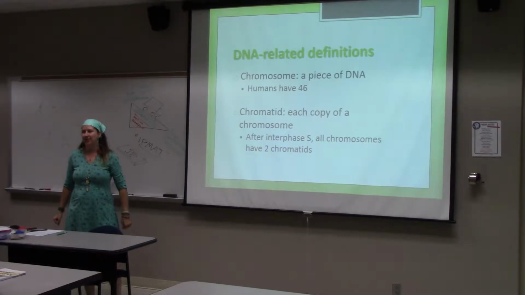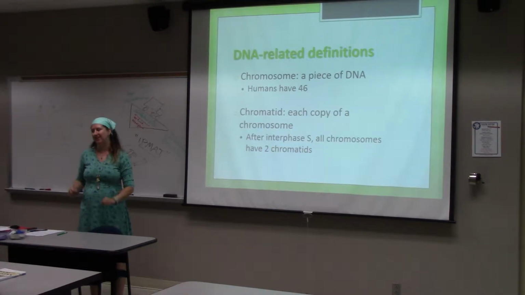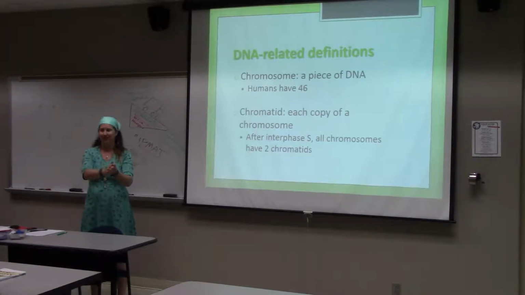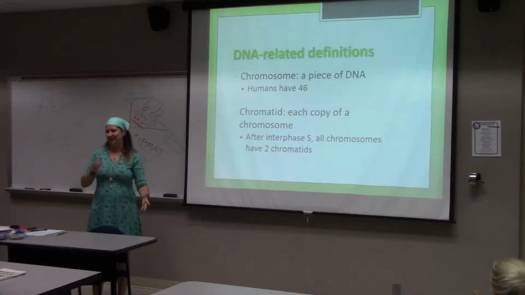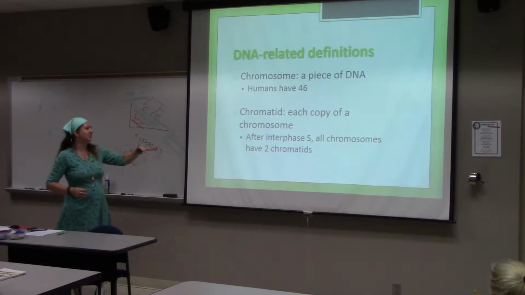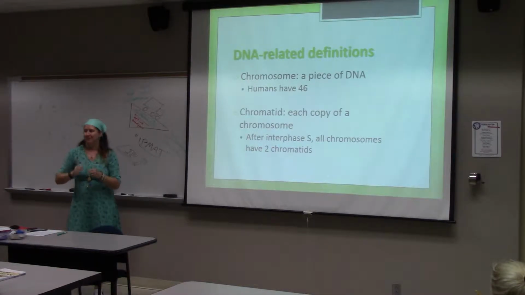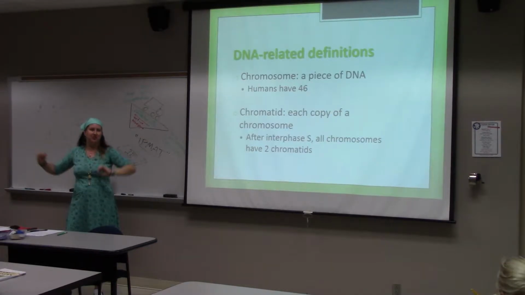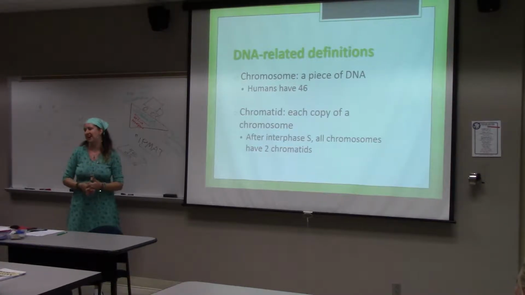Instead of handing you back 2 copies of 1 through 46, what you get is 2 copies of page 1 stapled together, 2 copies of page 2 stapled together, all the way up to 46. So most of mitosis is spent breaking those staples and making sure you get it organized so you get all of the pages in both sets.